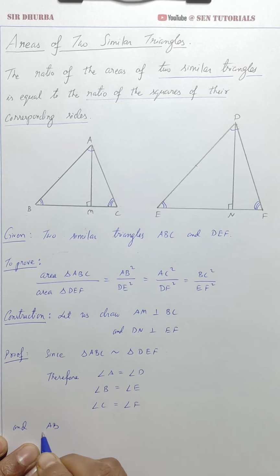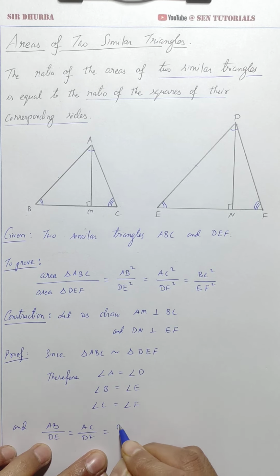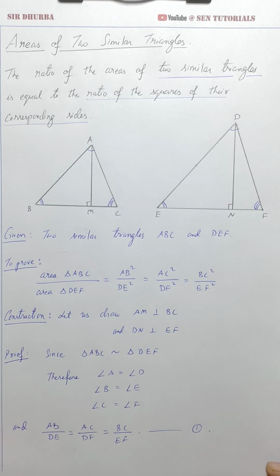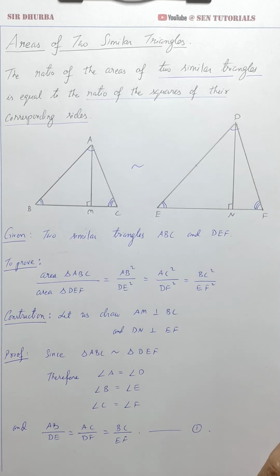Their corresponding sides will also be in the same ratio, that is AB by DE would be equal to AC by DF would be equal to BC by EF. Okay, all right, so these are some properties which we already have from what is given, because it is given that these two triangles are similar.